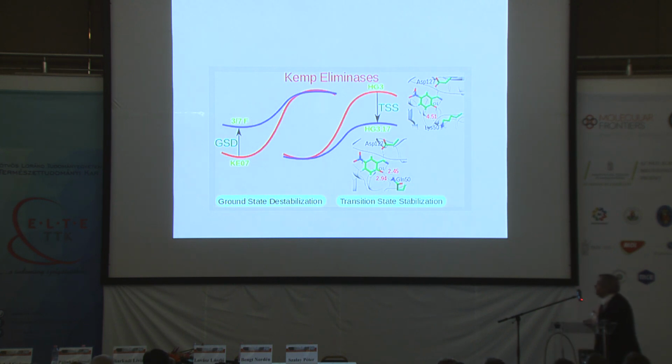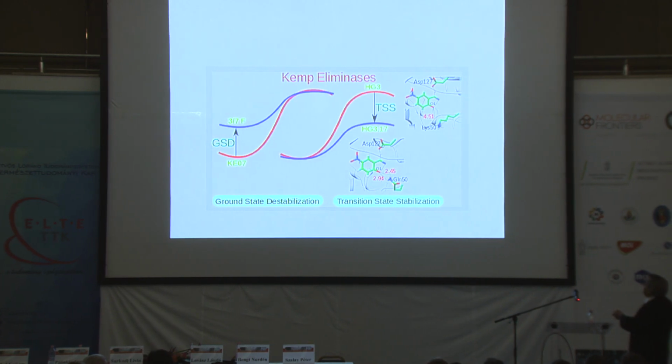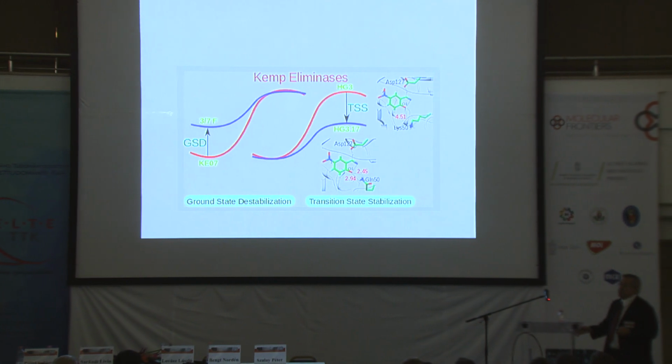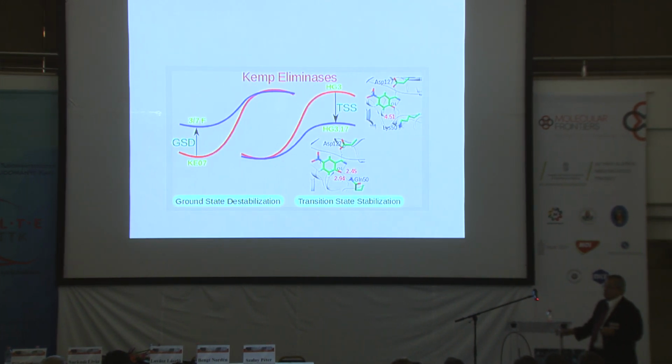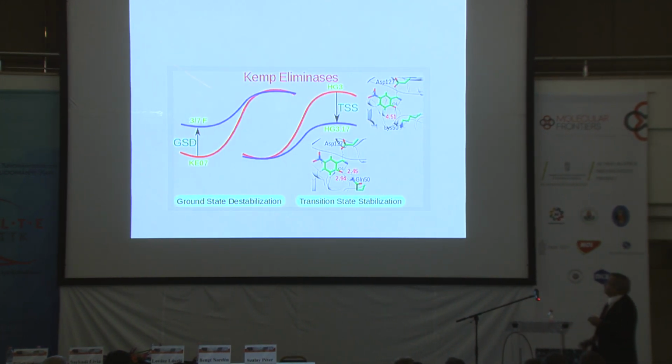We looked at his evolution and found that the group that stabilizes the transition state, let's try to find it, this glutamine, exists there in an earlier step of the evolution. But it starts to work only in the last steps, where other groups place it in the right direction.